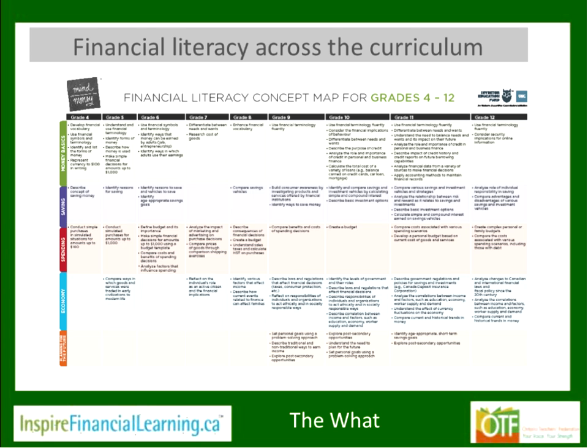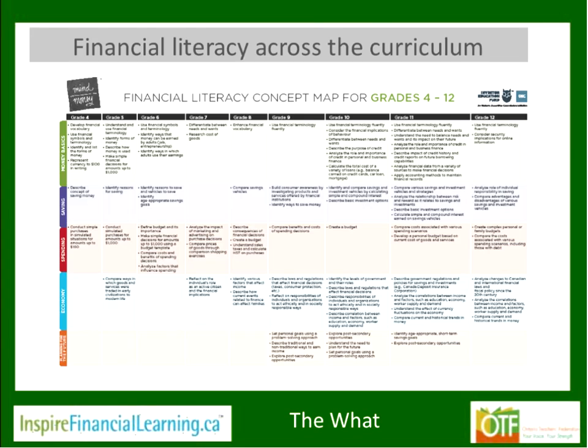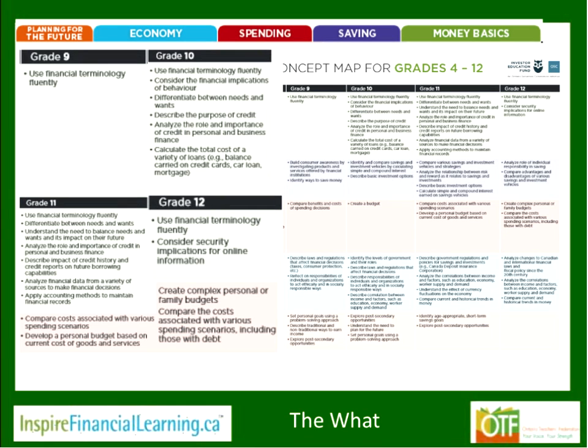That bottom category is, let's see what it is on the next slide, planning for the future. And you might have seen that that only begins with the grade 9 students. But that's what we're focusing on today. And so I'll give that to you in a little bit more detail there. So those are the categories for grades 9 through 12. And at the very top there, I've shown you what those 5 sections are.